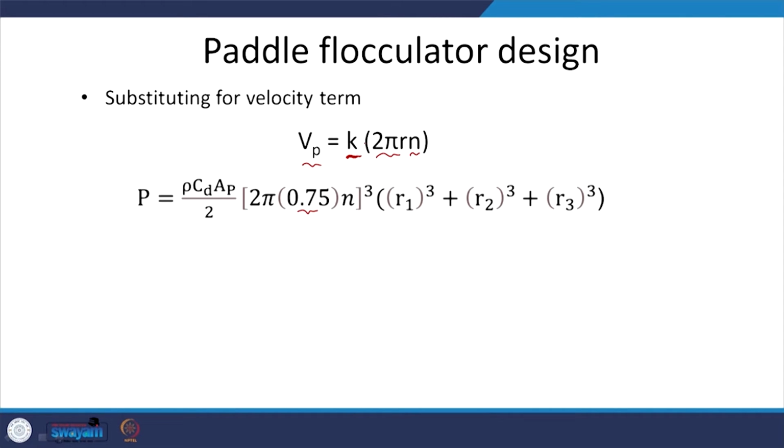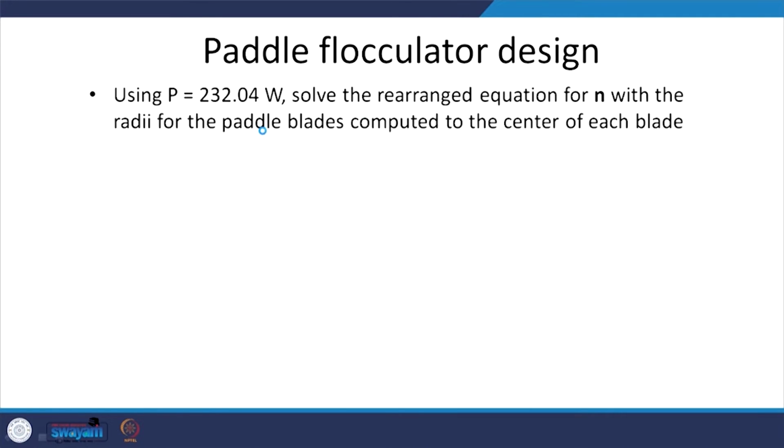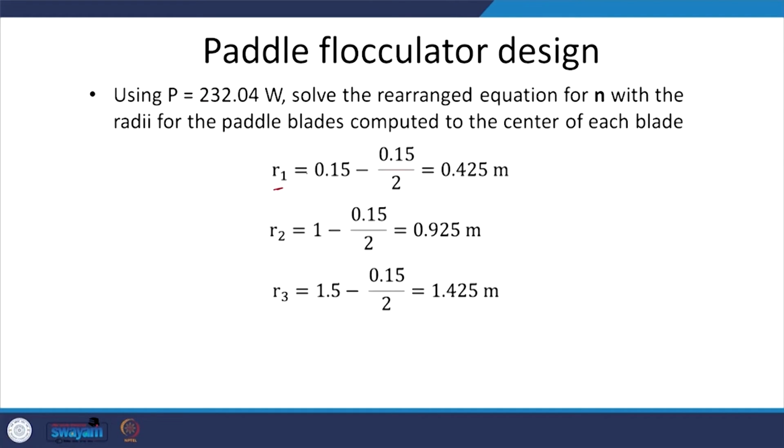So, that is something to keep in mind. In general, again we are taking it 0.75, and then we are taking out to be common, okay. So, area of the paddle, I guess everything else is known except this, okay. Area of the paddle, okay, we already have area of the paddle, yes, and using power, we already have the power, and radius we can calculate R1, R2 and R3.